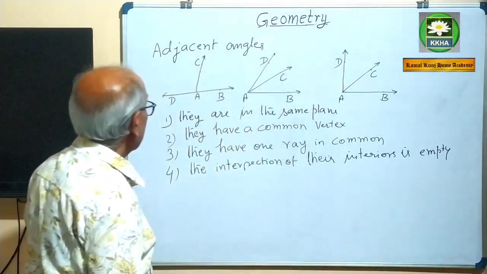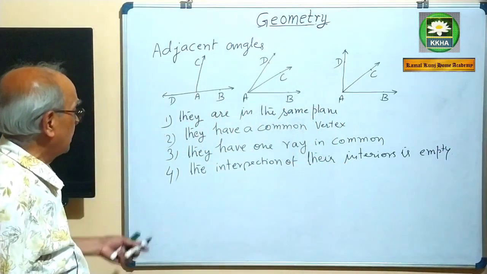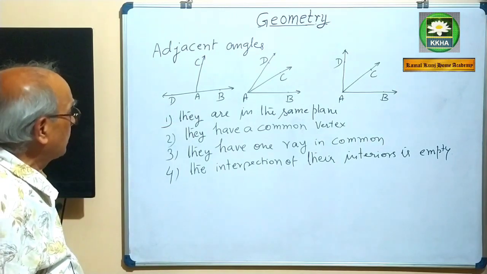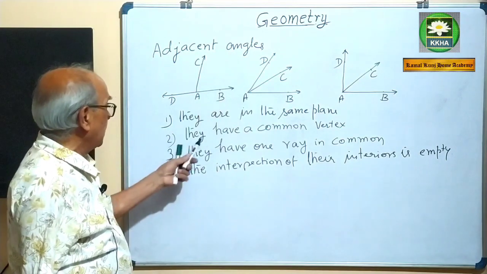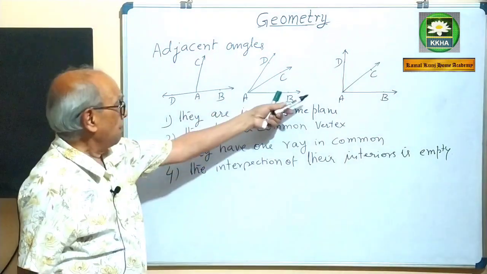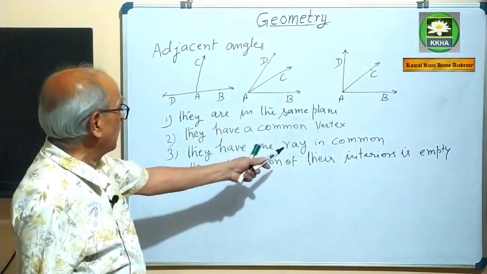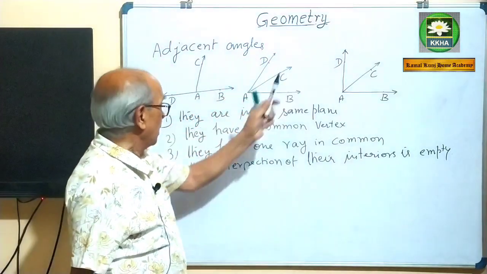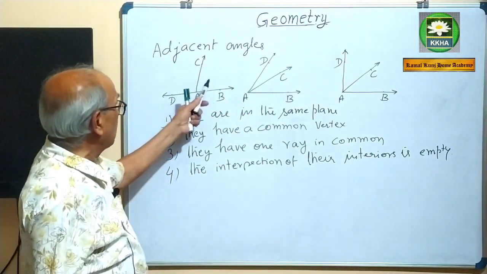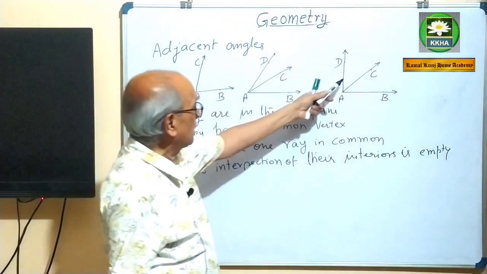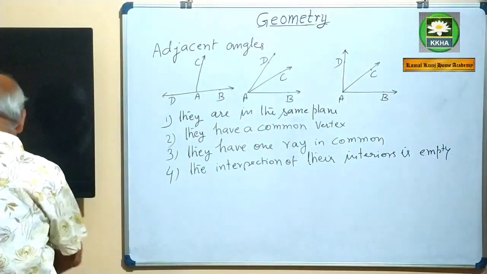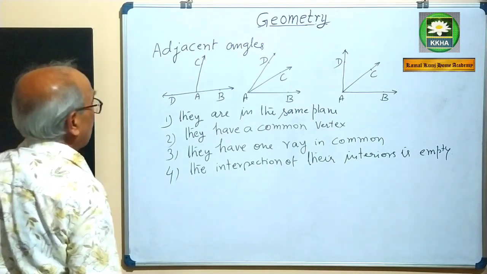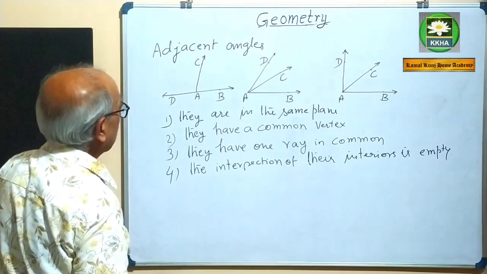So these are the criteria for adjacent angles: they are in the same plane, they have a common vertex, they have one ray in common, and the intersection of their interiors is the empty set. They are called adjacent angles.